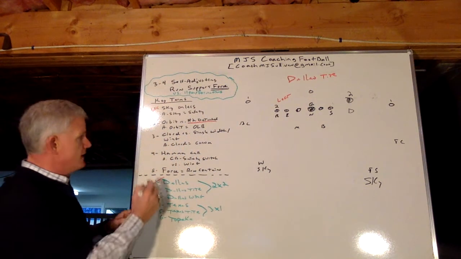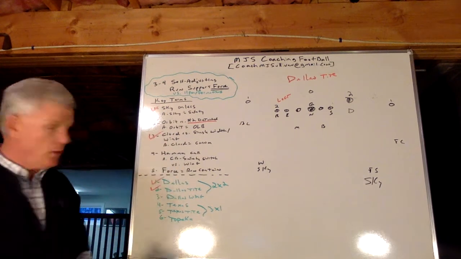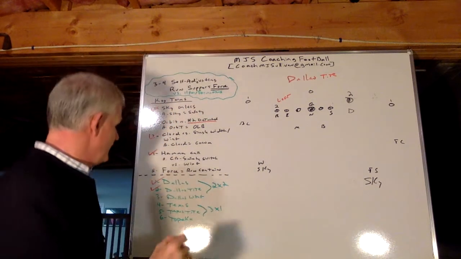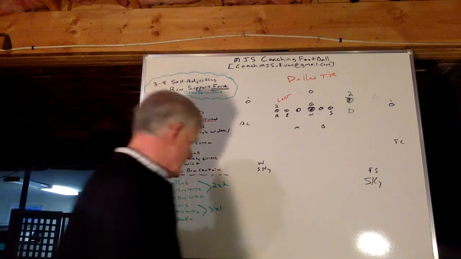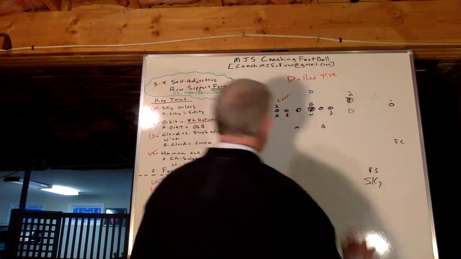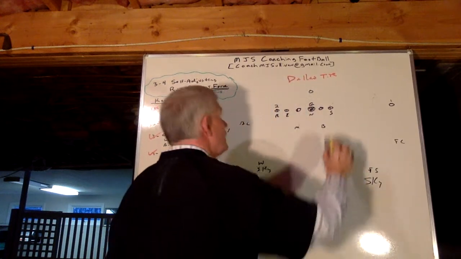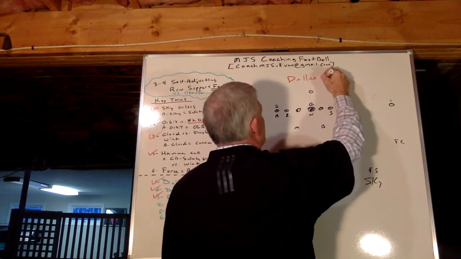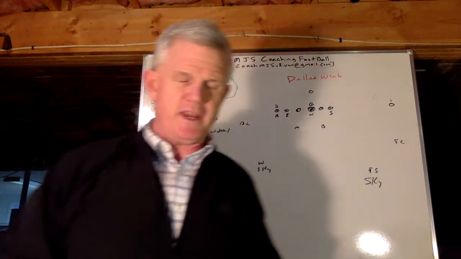The next one is going to bring in both our cloud and our hammer call. Okay? And that is Dallas wing. Now, Dallas wing is, in this case, 11 personnel, an 11 formation.